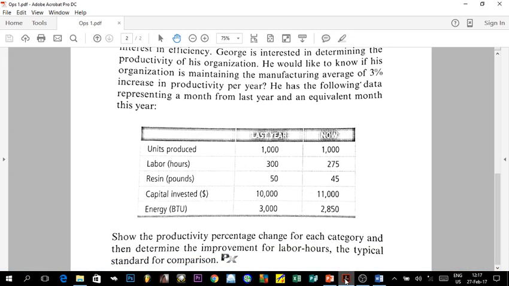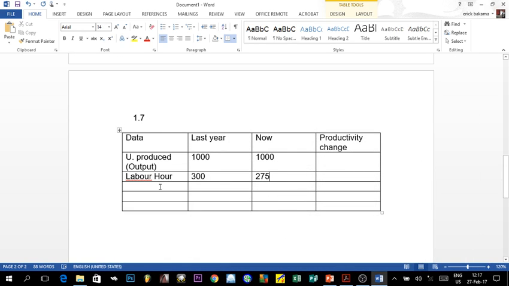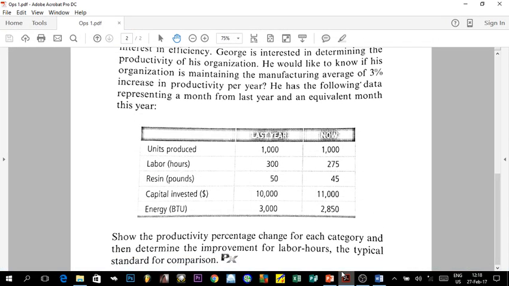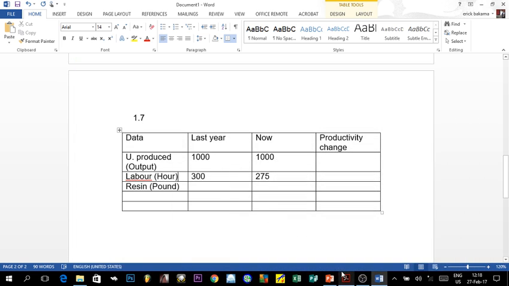And then we need to do the quantity of resin that they use. The unit here, they're saying that it is in pounds already, and here it's in hours. So last year they used 50 pounds of resin, and this year they are using only 45. So 50 and then 45.